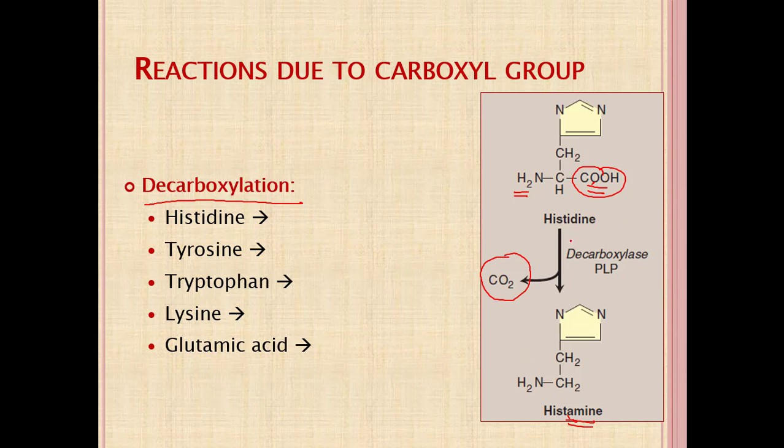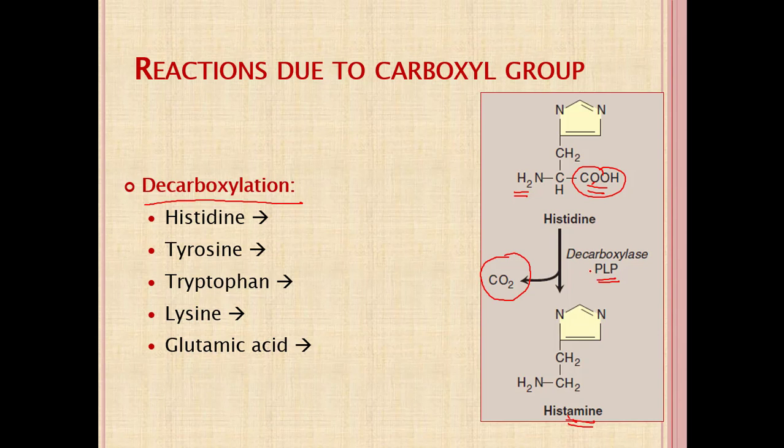The enzyme required for the reaction is decarboxylase. It is a pyridoxine-dependent enzyme, meaning the active form of pyridoxine, pyridoxal phosphate, acts as a cofactor for that enzyme. You have to remember that PLP is required for decarboxylase. Whenever you learn the pyridoxine vitamin, among the various reactions catalyzed with pyridoxine, one of them is decarboxylation.